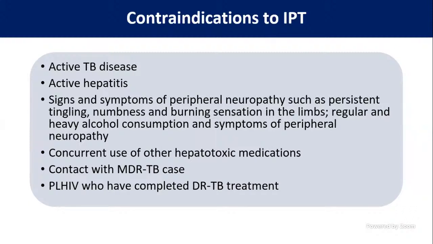Others are concurrent use of hepatotoxic drugs, contact with an MDR TB case or any drug-resistant TB case, and a PLHIV who has completed DRTB treatment. Most of you know why we are not doing it in MDR or DRTB: the patient will potentially have an infection that will not respond to INH. Next slide.